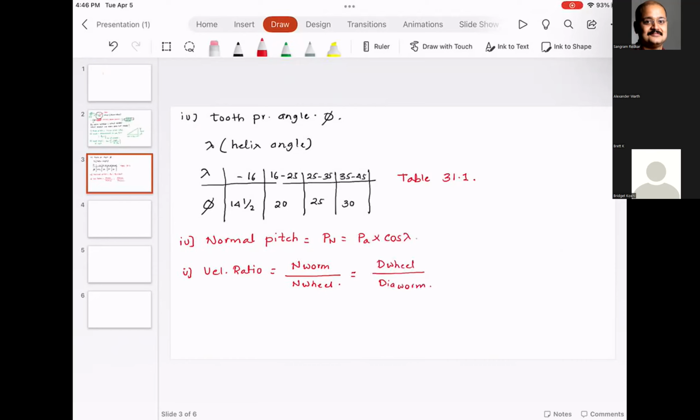Once again, wheel is this big gear. This is D wheel. And this, if you look at the side view, is diameter of worm.